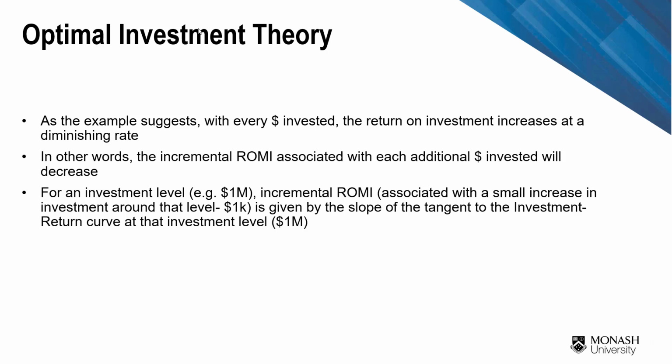Now, as you are probably wondering, the return on investment is actually on a diminishing rate. What do we mean by the diminishing rate? It is something like this, where you can see that an incremental investment, say from investment 1 to investment 2, does increase, but the increase is not as much.